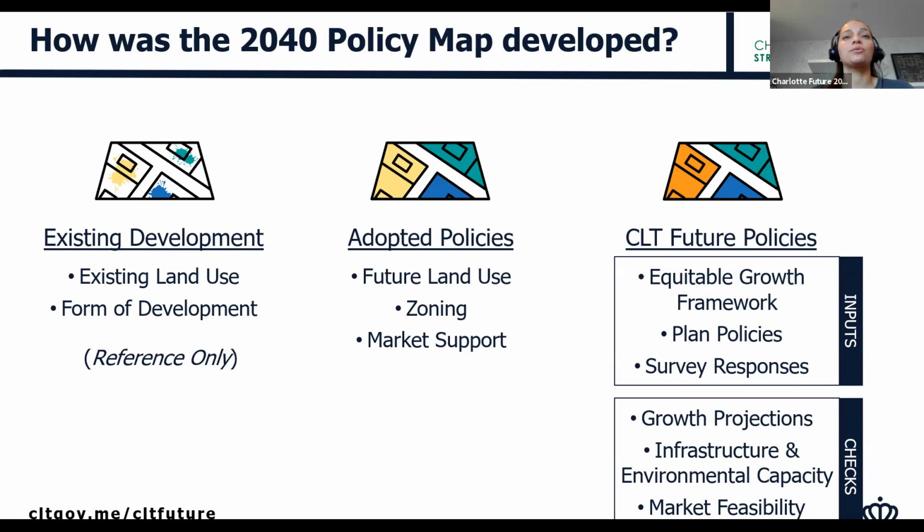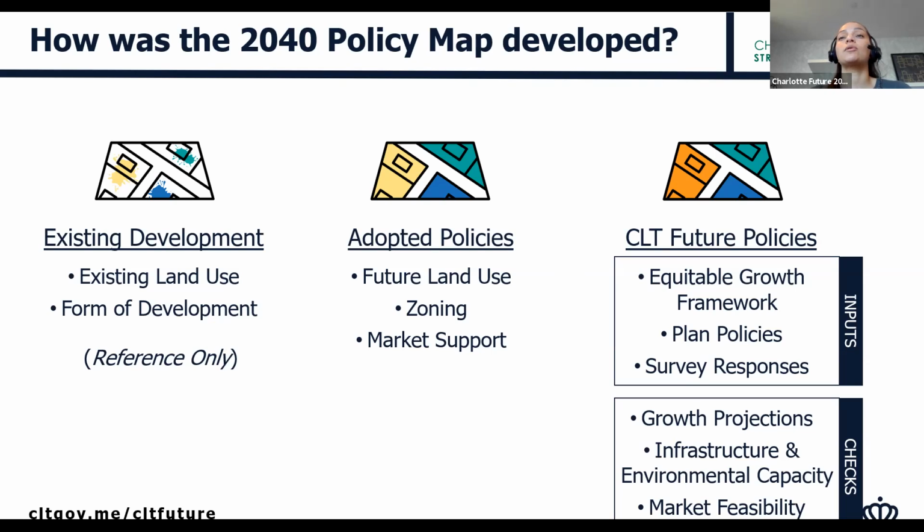For that we use the future land use, any zoning that's in place, and then any market support that we could find. So that includes our future land use and zoning, which also include the adopted policies from 2010. And then the final step is the Charlotte future policies found in the 2040 comprehensive plan.